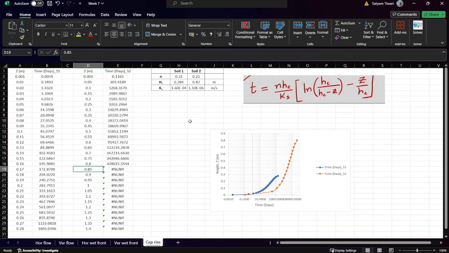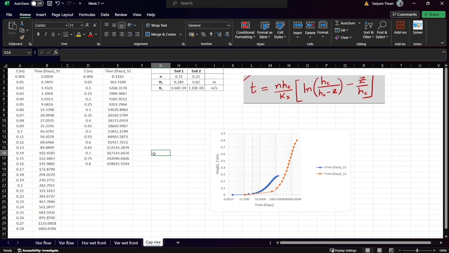And after 0.8, because the value of HC is 0.82 and this term is HC minus Z, you'll not obtain these values. So we'll delete these values. So here for soil 2, the variation of height of the wetting front is like this. After a particular time, the height will rise very rapidly in soil 2 due to capillary head.